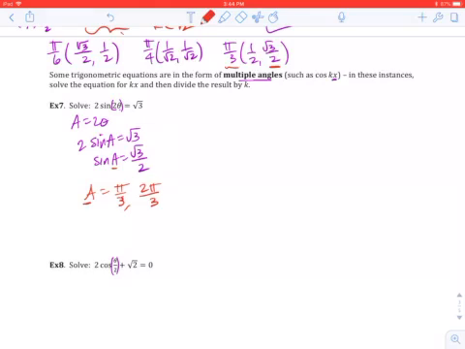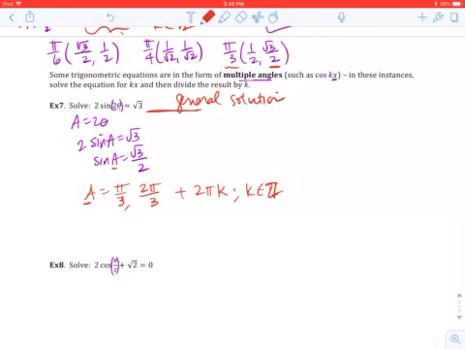Okay, but really it's not a. Instead of a, we have 2 theta. The other thing we need to notice is that there is no domain restriction, so we have to do the general solution. So we have pi over 3, 2 pi over 3, and then we would add our 2 pi k, where k is an element of the integers.